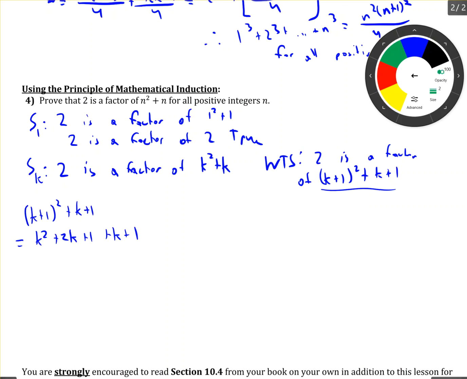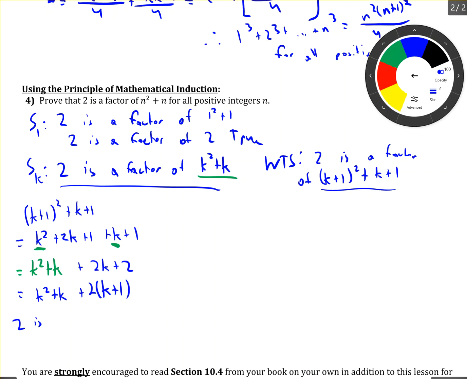What I'm going to notice is I have my k squared here and my k here. So that's k squared plus k. And then everything else that's left over is plus 2k plus 2. Well, notice I can rewrite that as k squared plus k plus 2 times k plus 1. Notice 2 is a factor because of this statement right here: 2 is a factor of k squared plus k. And as written, clearly 2 is a factor of 2 times k plus 1 because it's 2 times something, right?